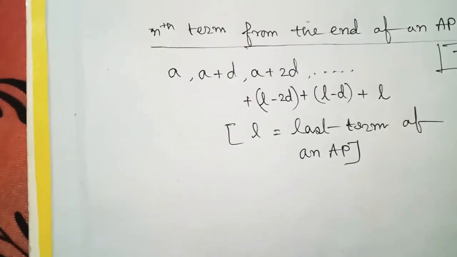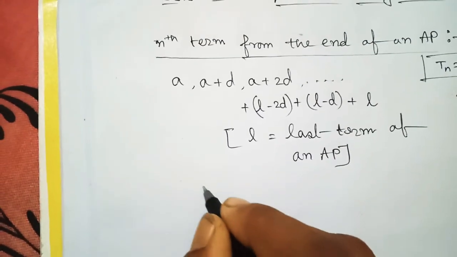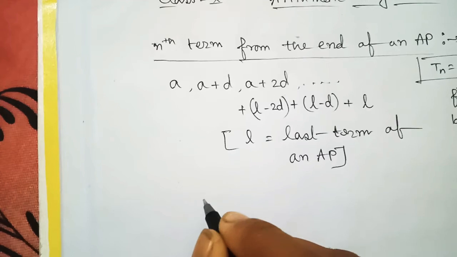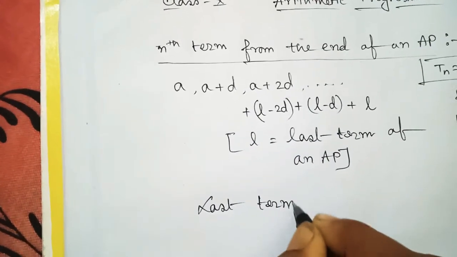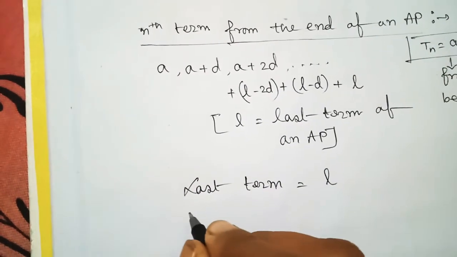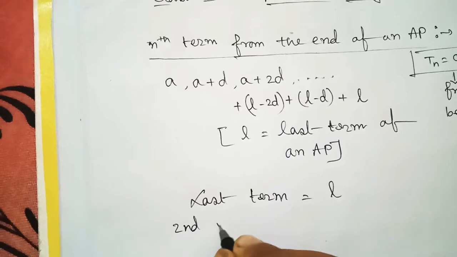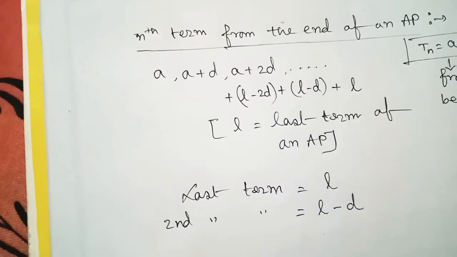Now, we have got this, so we can write that the last term equals L. Then the second last term equals L minus d.